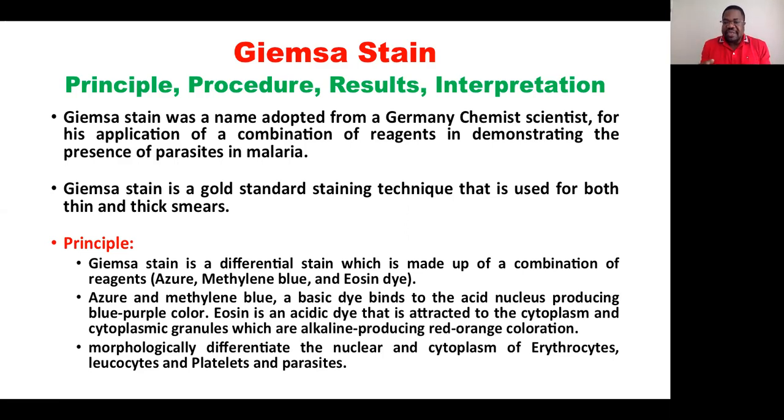But the eosin is an acidic dye, so it is attracted by the cytoplasm and cytoplasmic granules, which are alkaline. When it binds there, it produces a red-orange color, okay? Those dyes are also able to morphologically differentiate the nuclei from the cytoplasm of erythrocytes and of other cells like leukocytes and platelets, and they show the presence of the parasite.